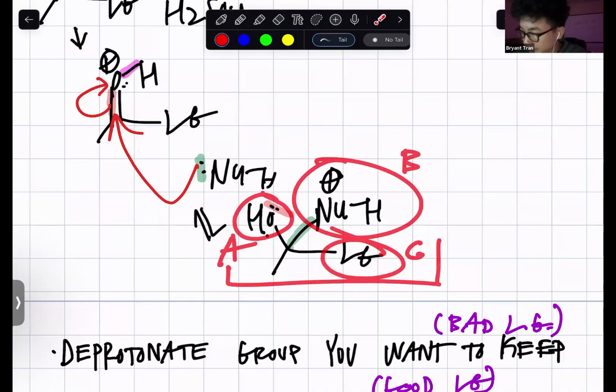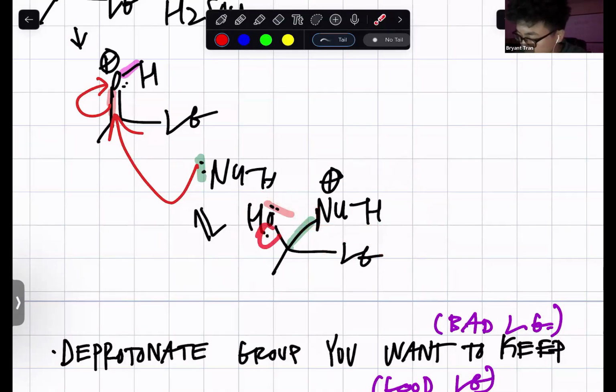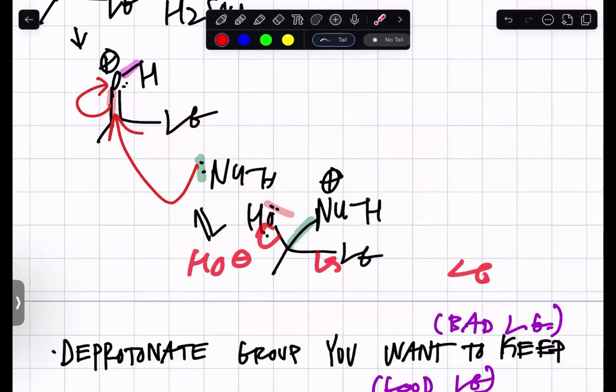So based on the charge, OH here is neutral, this is neutral, and then this NuH here is positively charged. Based on the charge, which one looks like the better leaving group? I think the NuH. Yeah, the NuH, because when it leaves, it's going to leave as a neutral molecule. If we kick out the OH or Lg as it is right now, it's going to leave with a negative charge like that.